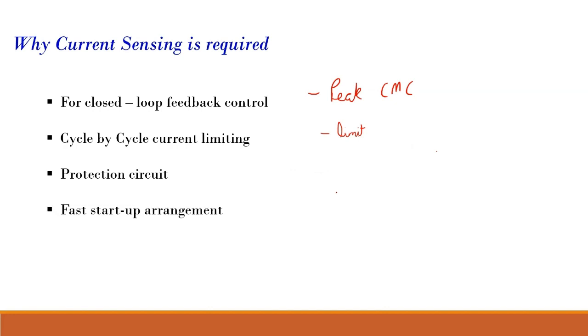For the startup arrangement, when we want to start the circuit, the output voltage is at 0 volt. Then it has to go from 0 and reach its reference value. In this portion, we need to know the current information, and we have to limit the current.